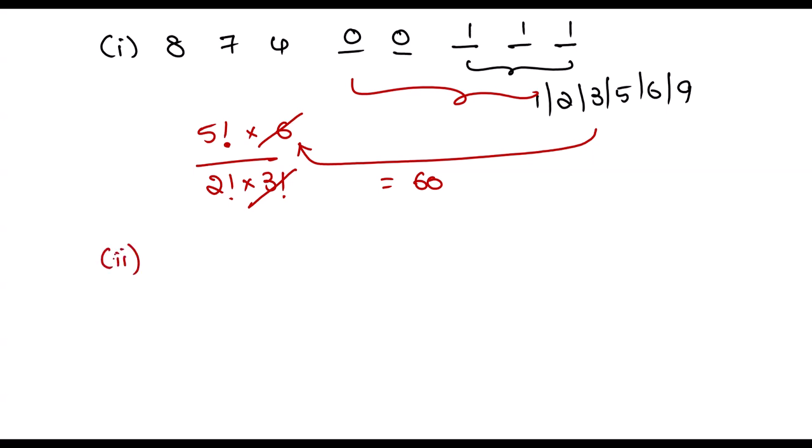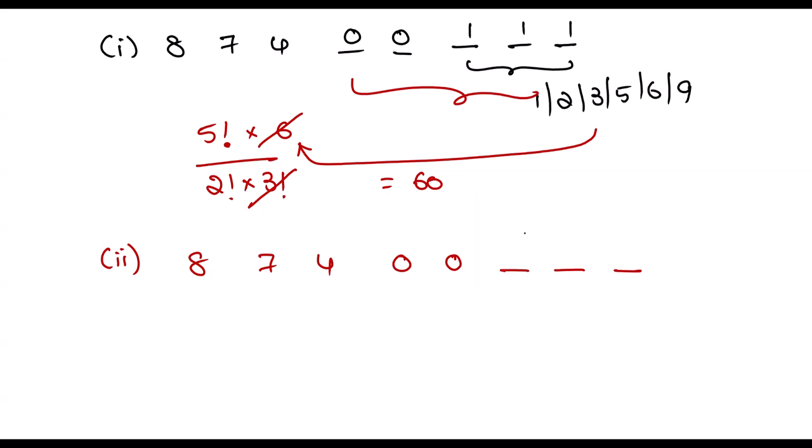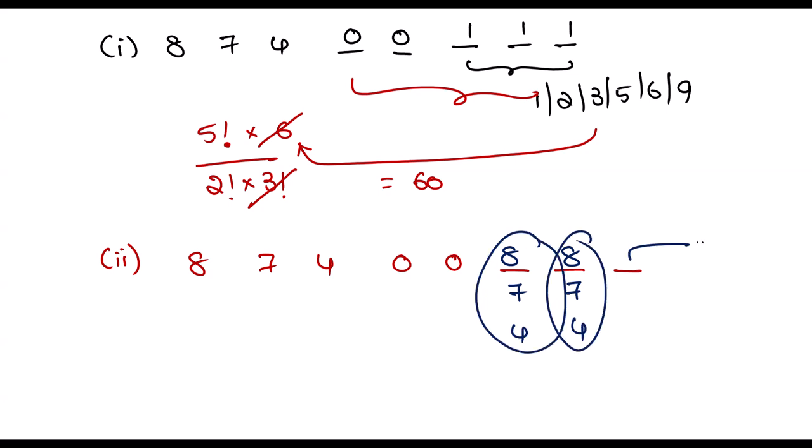But to satisfy the given question, we want 874, two zeros, and one of the digits should come thrice. So I can fill these slots with 8, or both with 7, or both with 4. Whereas this slot should be filled with 1, 2, 3, 5, 6, 9. This is also possible, right?